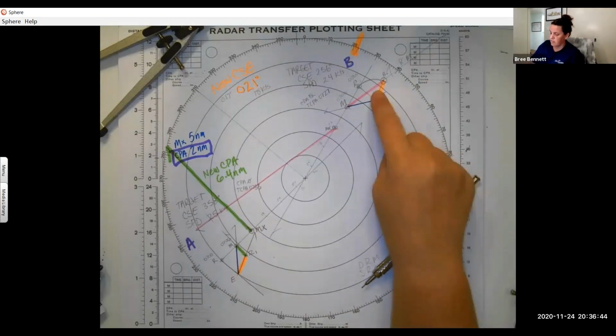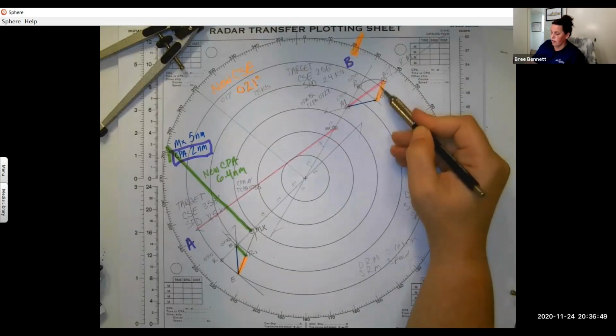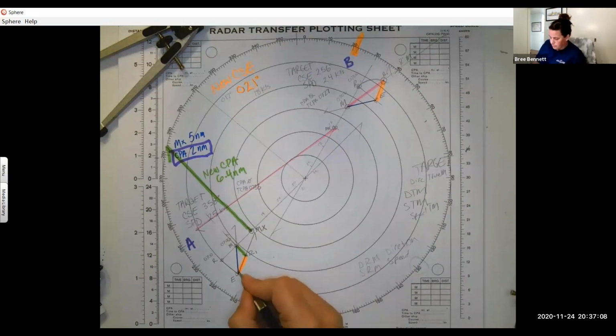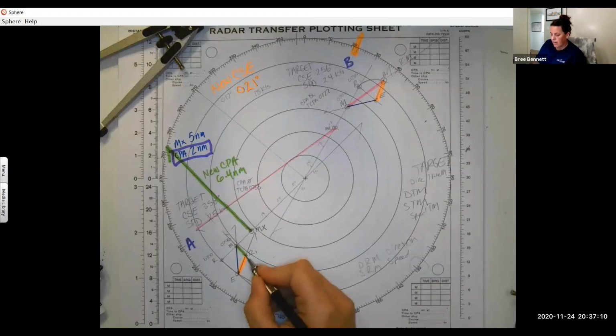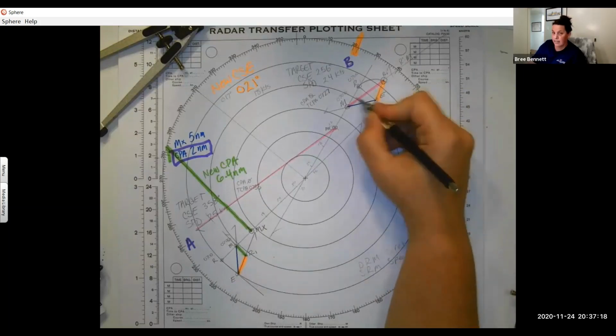Sorry, new course. Let me slow it down here. So we got our RM line, we get our new course. That E to R prime is our new own ship line. So we're bringing that new E to R prime line back to the other vector triangle that we created. So now we have our E to R prime, then we can get R prime to M. So our R prime to M, we created with our desired CPA.